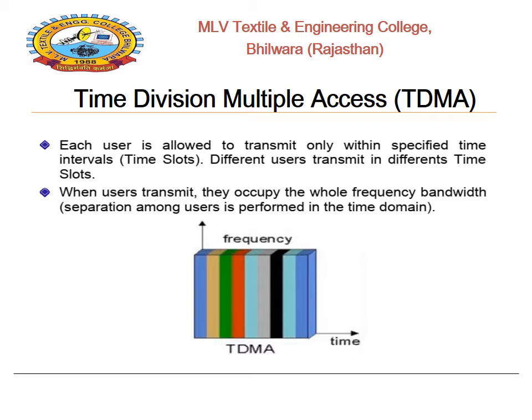The specialty in TDMA is that the whole frequency bandwidth is allocated to all the users, but users are identified by each individual time slot separately.